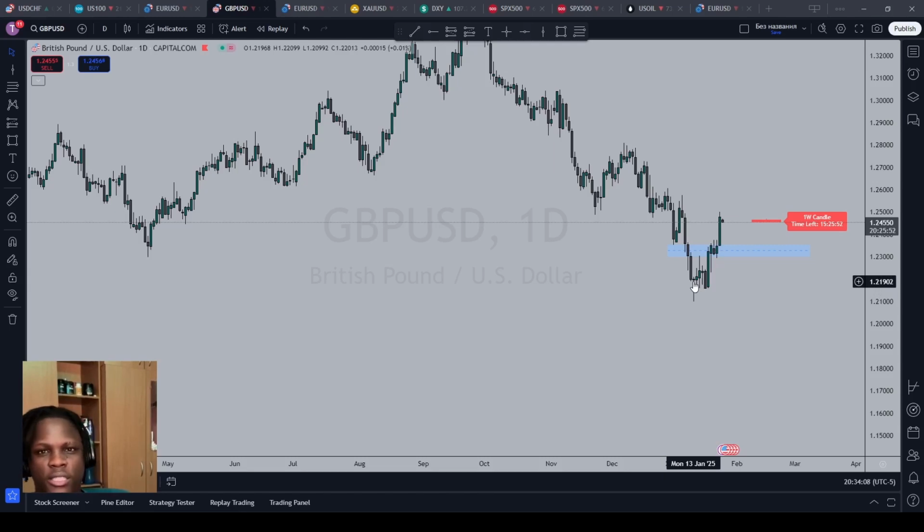I'll be just trading the shifting market structure on the 15-minute time frame and entering on the 5-minute time frame to my targets without holding too much. Just my normal 20 pips target, 10 pips risk, 1:2. Yeah, that's my plan.